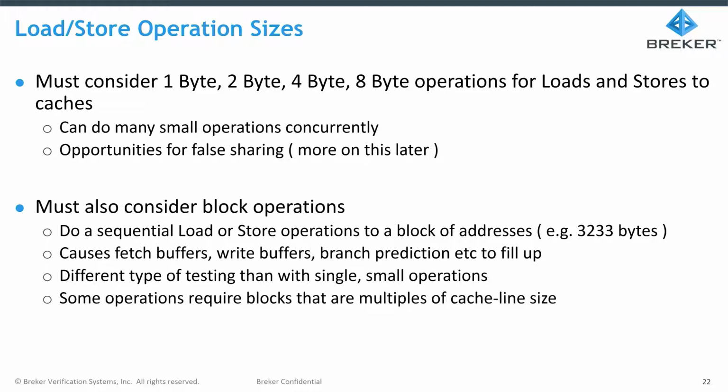Next thing to think about, we have to worry about all the possible operation sizes. So of course we have the 1 byte, 2 byte, 4 byte, 8 byte operations. There are larger special instructions that might be 16 bytes. And there are also block operations where maybe we want to take, say, 1,000 bytes through the same coherency transitions, simply because that allows us to do tight loops of code that will fill up all prefetch buffers and all write-back buffers.